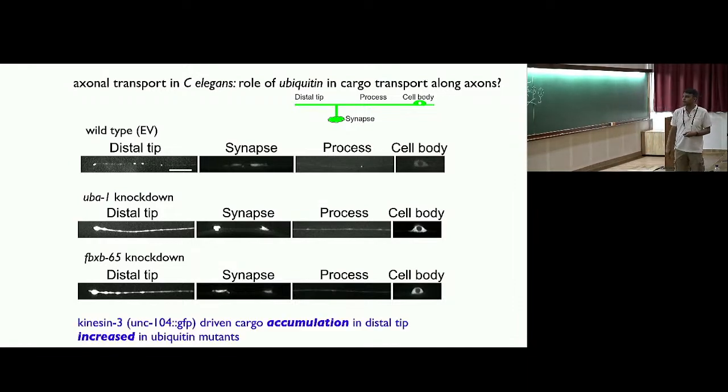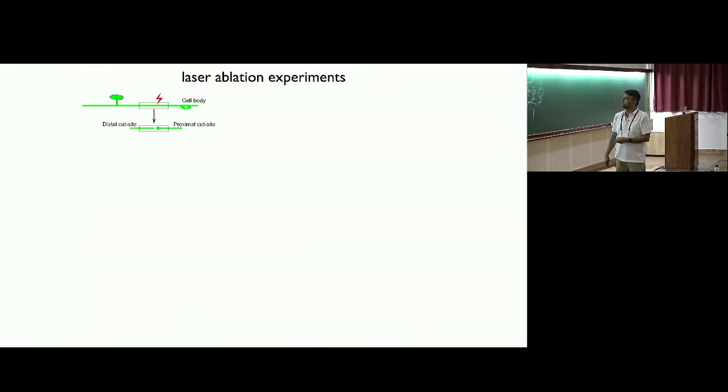So the question is how this accumulation at the distal tip happens. Another question one can ask is whether it's really transport of the molecules. If that picture is correct, and I cut this axon somewhere, the accumulation will happen there, not on the other side.